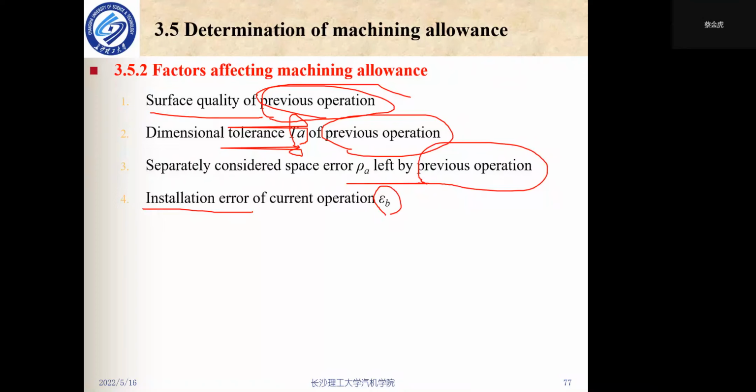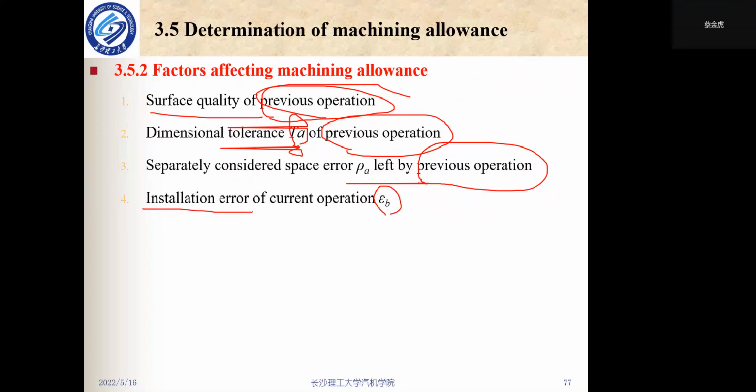It will directly affect the relative position between the surface to be machined and the cutting tool.